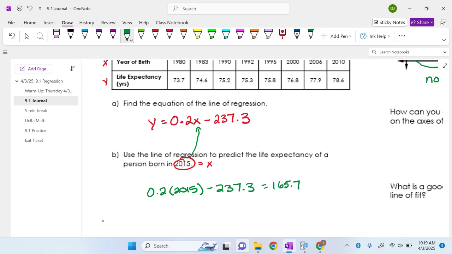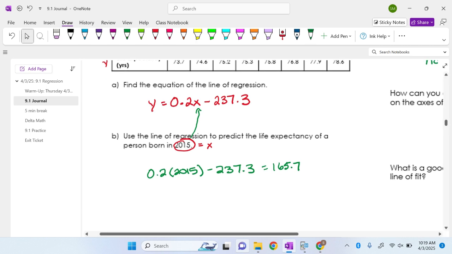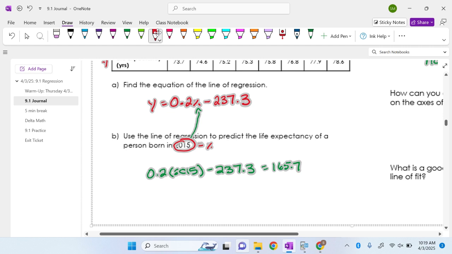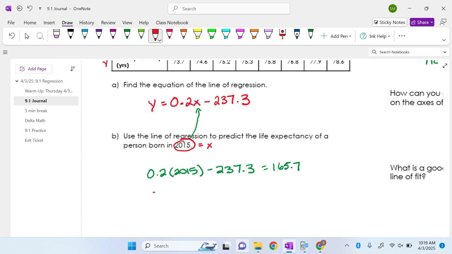Now, it may have just been the way we rounded. So I'm going to show you one where it's rounded to about 2 to 3 decimal places. Let's say our regression equation was y equal to 0.157x minus 237.27. All right, try plugging 2015 in for that and see what you get.